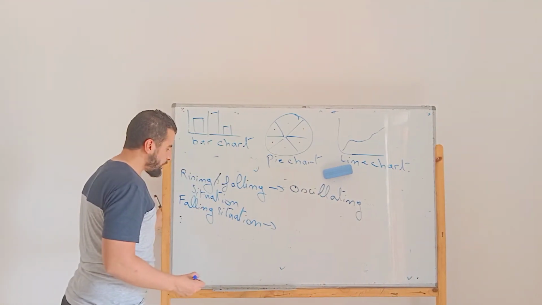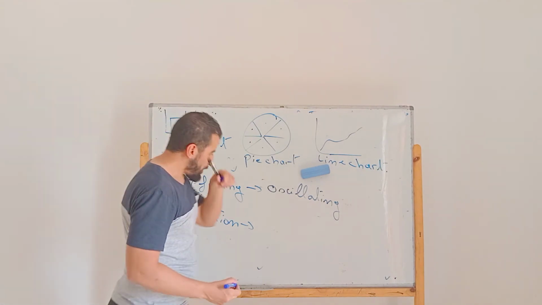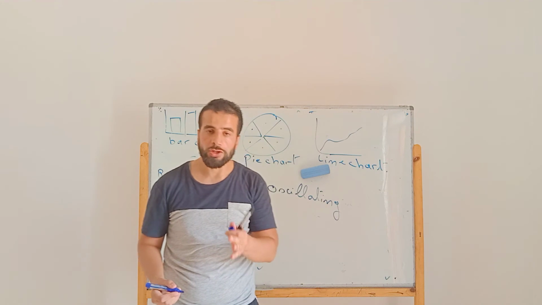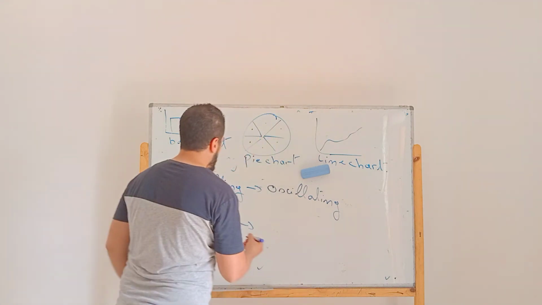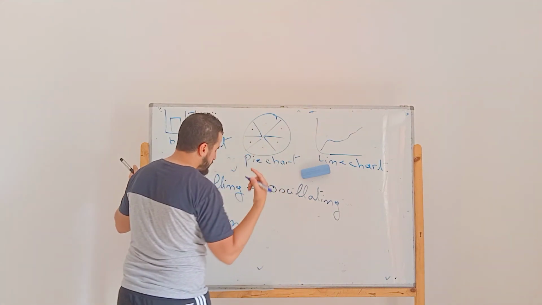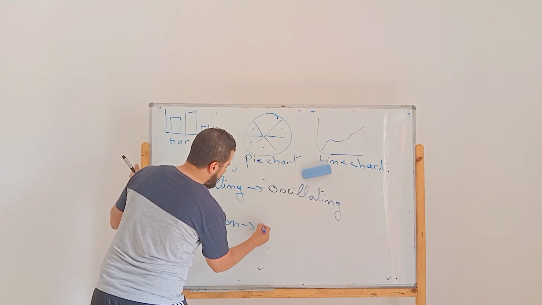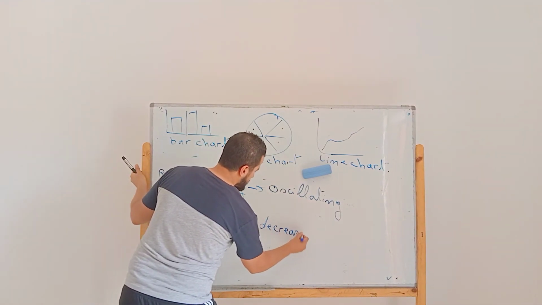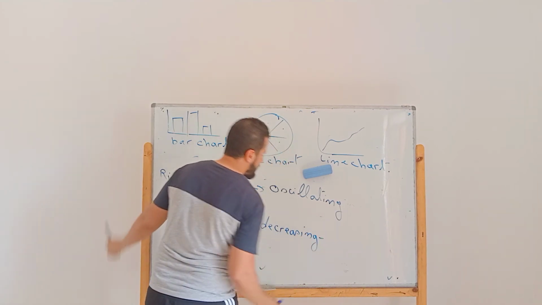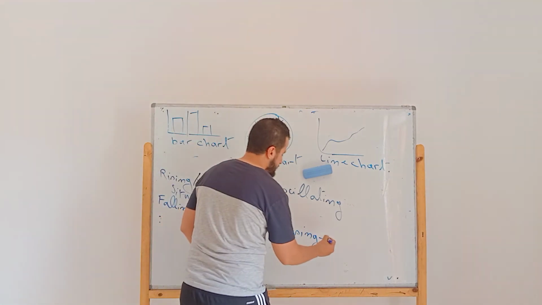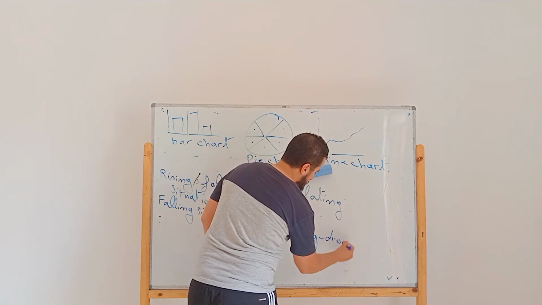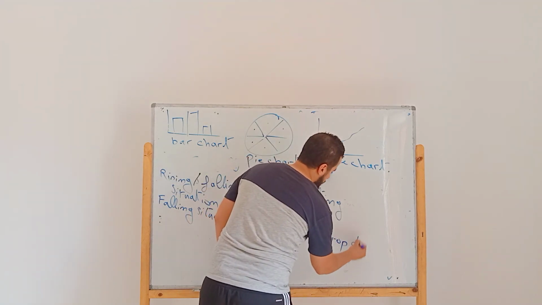In the falling situation, you are determined to use what? Special vocabulary. We said increasing, and then we have the antonym of decreasing. We have falling or drop down.